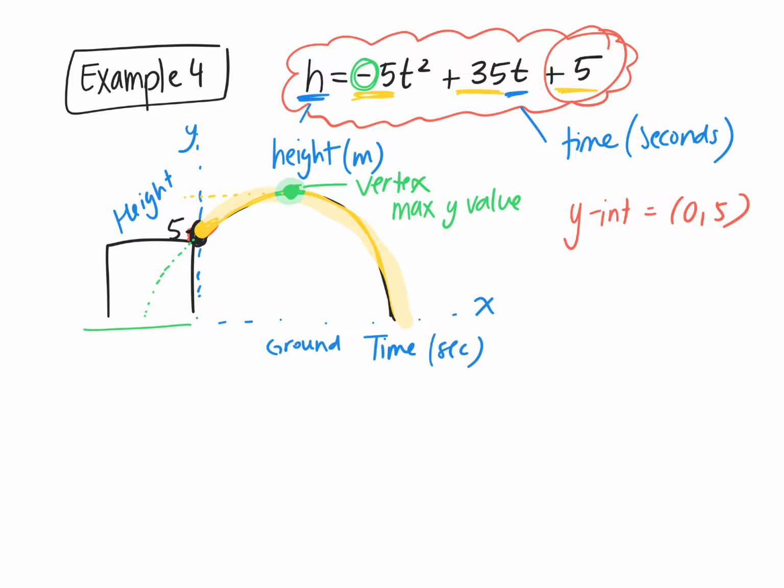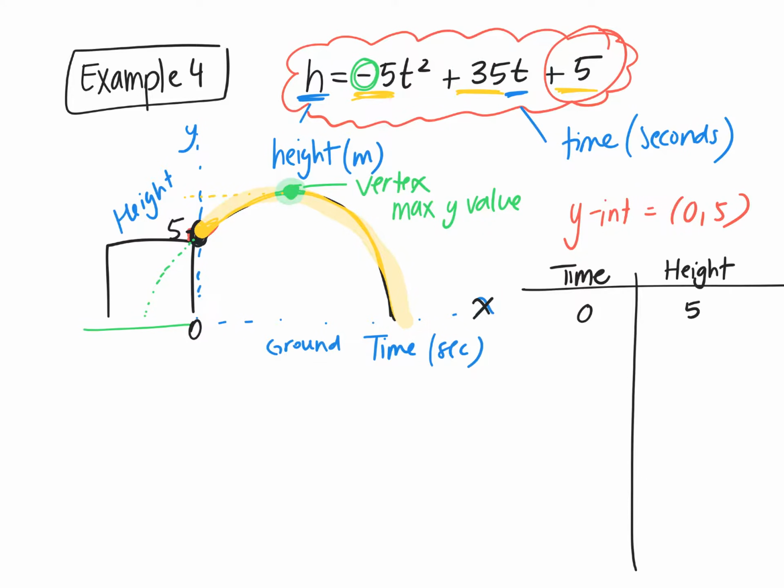What is the relationship that we're looking at here? Time is your independent variable, your x variable, which always is in the left column of a table, and height. We already know that at 0 seconds, when no time has started yet, the rocket starts at 5. Okay, so let's fill in this table right now.